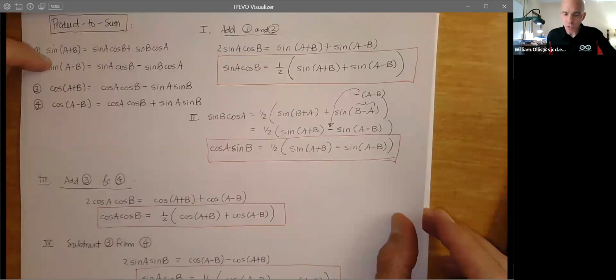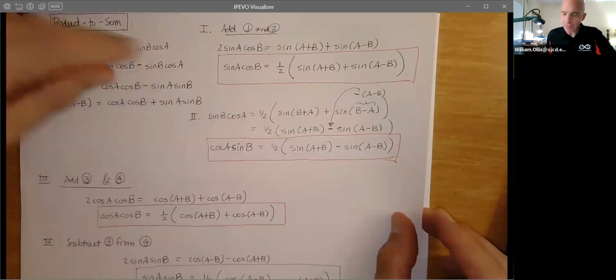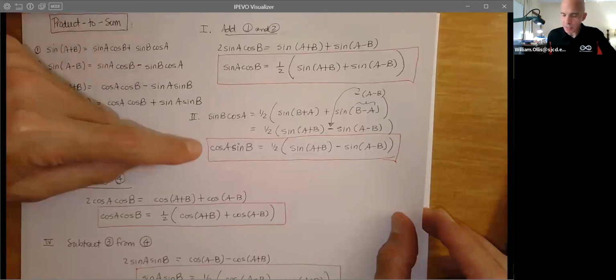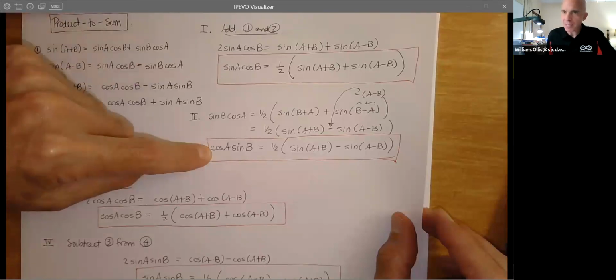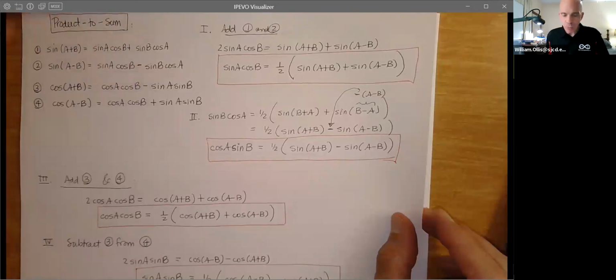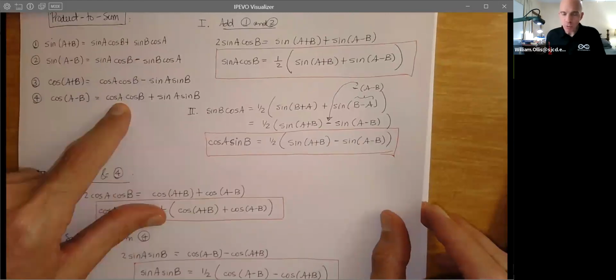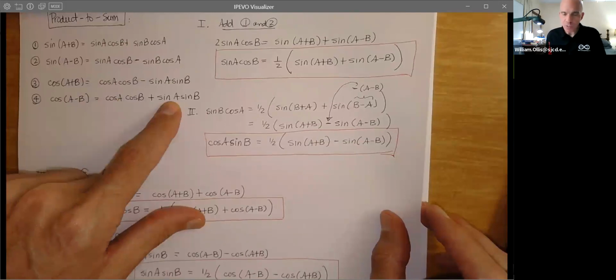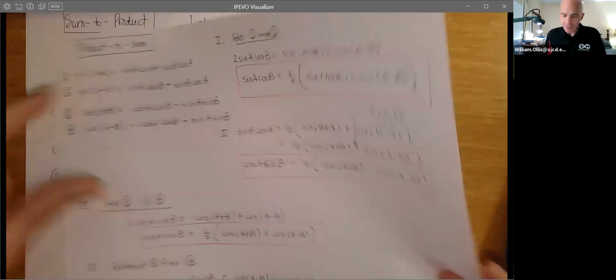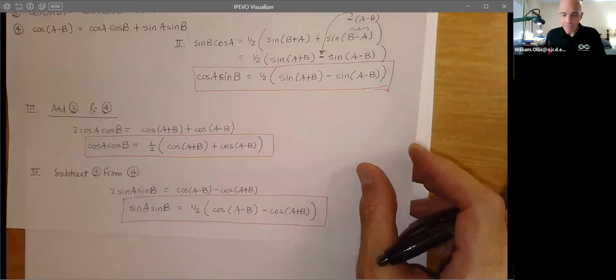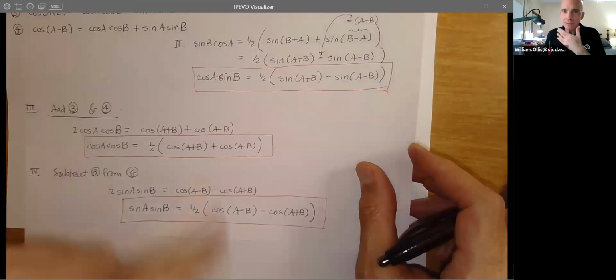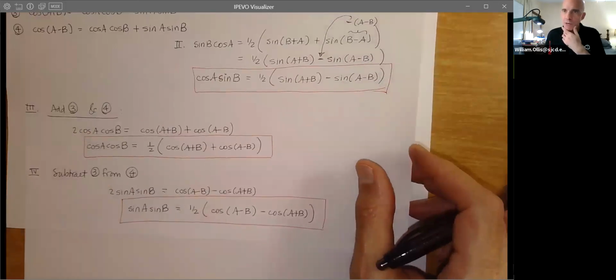So we add the 2 to absorb this term, and we get that, and then you're thinking this is redundant to flip this around, but that's fine, that's usually included. And then we want to absorb the sine term, so we add them. Then we want to absorb the cosine term, so we subtract them to get these formulas. So again, product to sum. Right now, it just looks like a bunch of gibberish, but very useful, very useful.